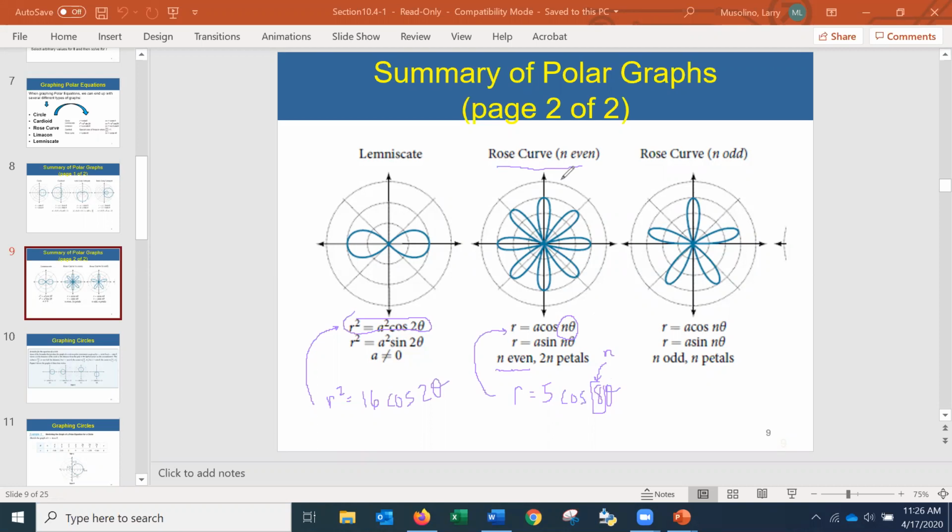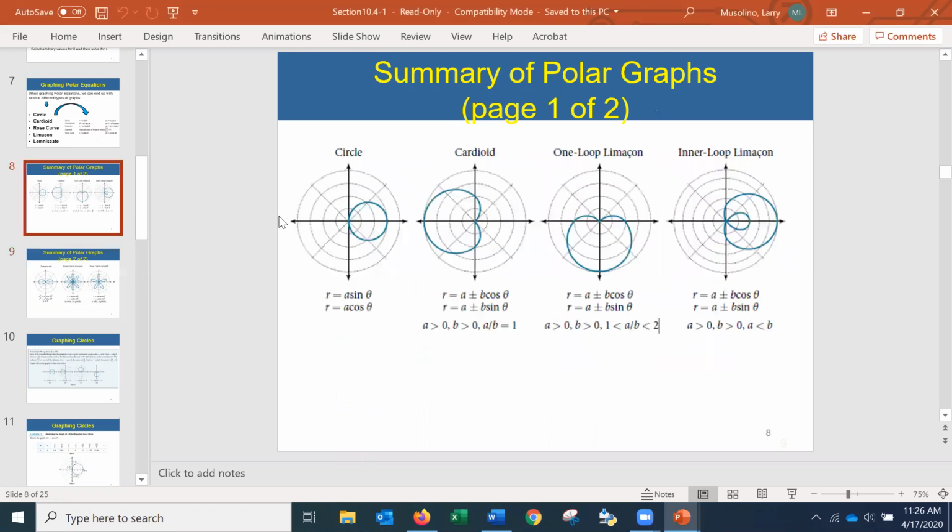All right, now once you know the type of curve, there are more detailed slides to help you figure out the exact orientation of the graph. Let's say, for example, our equation matched up to a cardioid.